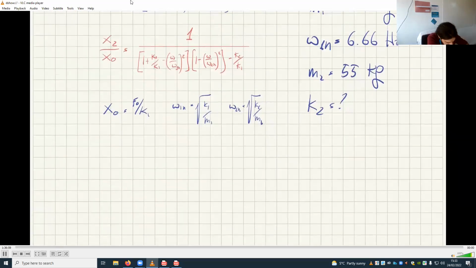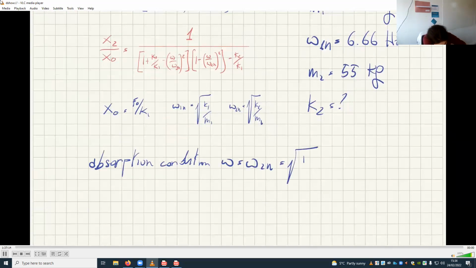So the absorption condition is omega equals omega 2n. But omega 2n is also equal to square root of K2 over M2. And lo and behold, we just found K2. See how easy this is? The equation looks horrible, but it's actually quite easy once you have understood what the question is looking for.